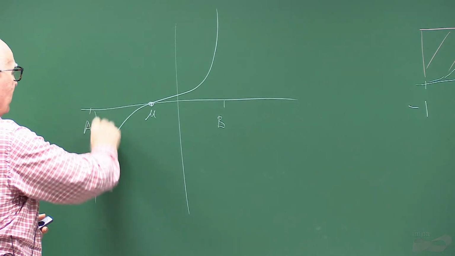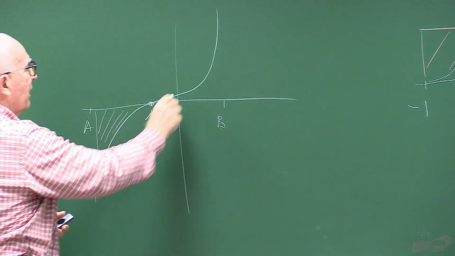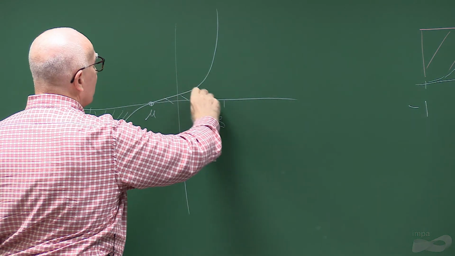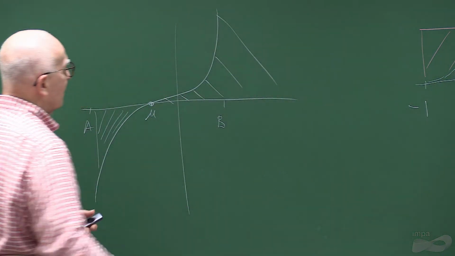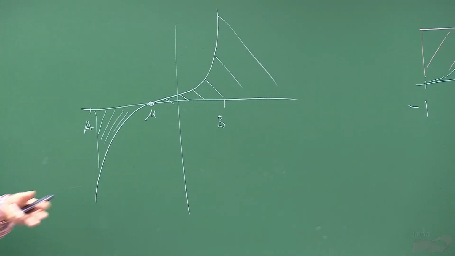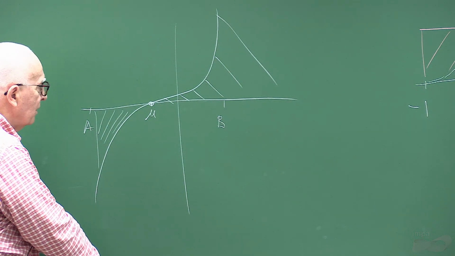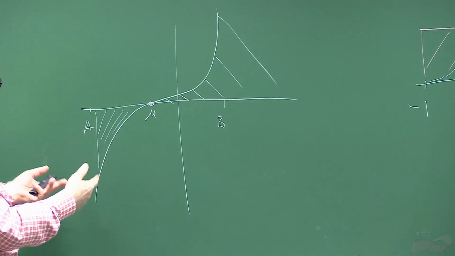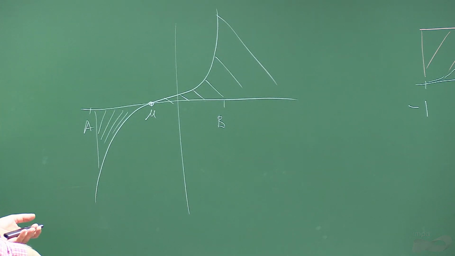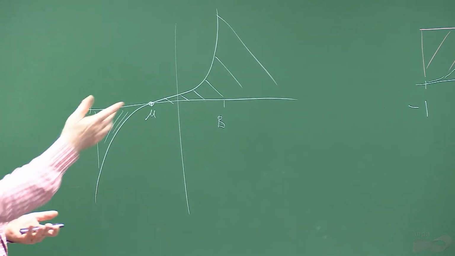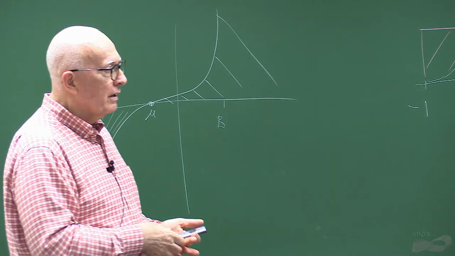So looking at the difference between this area and this area gives you a good picture of how asymmetric the distribution is. And that's what we're doing here. To do that, of course, the A and B don't have to be finite, but it's simpler when they are.